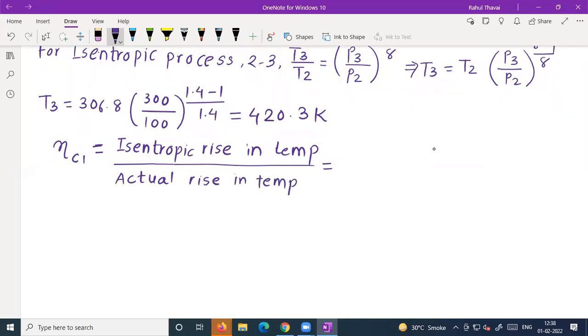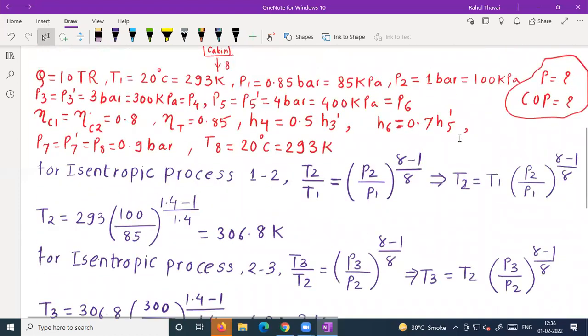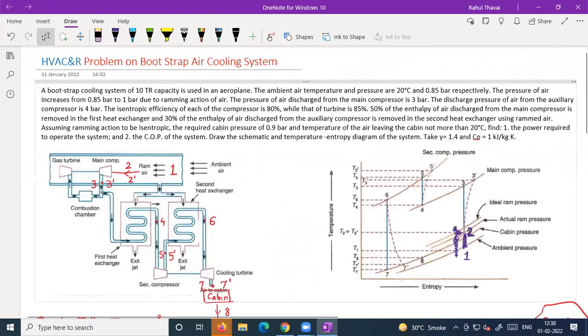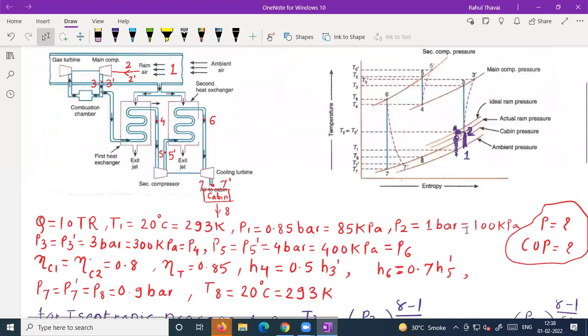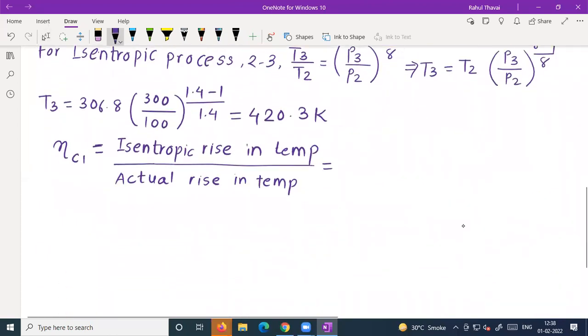What is the isentropic rise? T3 minus T2, right? T3 minus T2 is the isentropic rise. And what is the actual temperature rise? It is T3 dash minus T2. Only point number 3 will change to 3 dash, right?